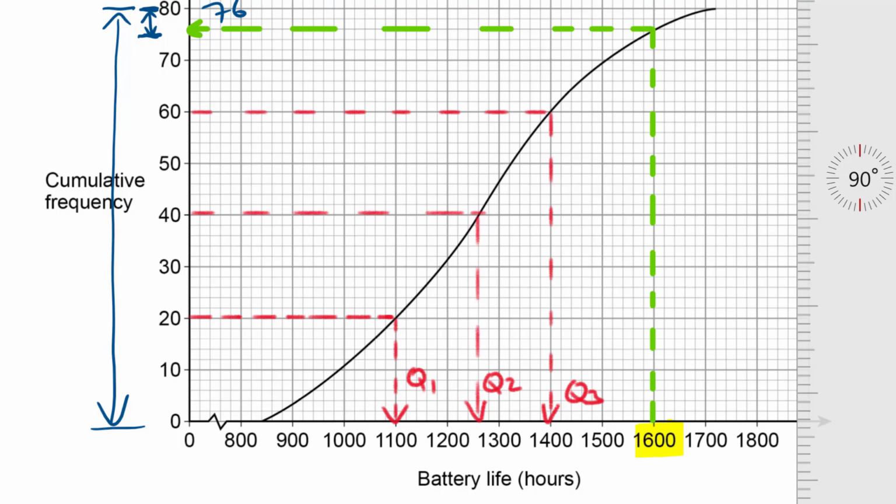So if there are 5 little squares between 1200 and 1300, which is a span of 100, then each little box is worth 20, isn't it? 20, 40, 60, 80, 100. So 3 little boxes is going to be 60. So I read that off as 1260 as the median value for type A.